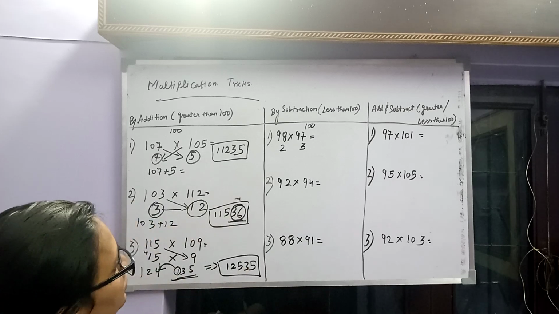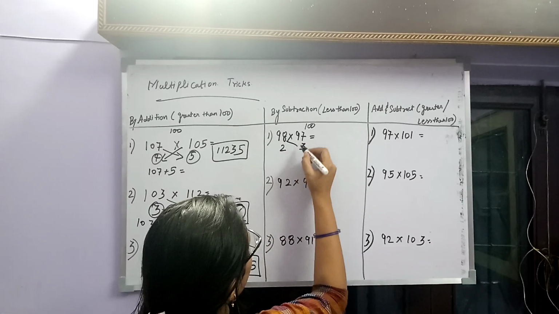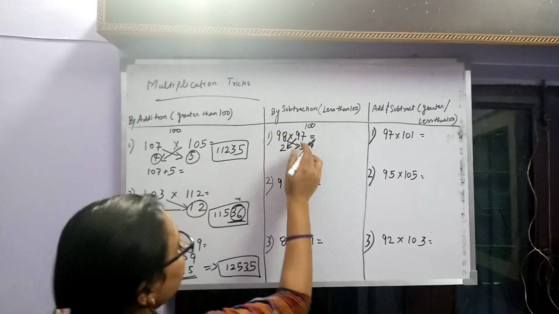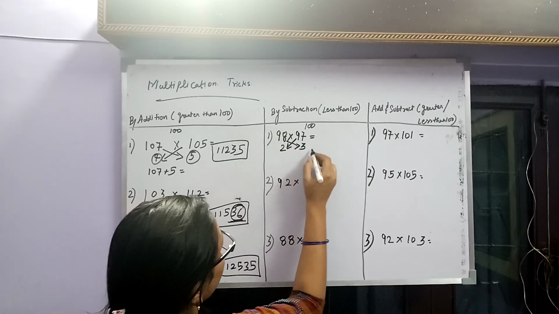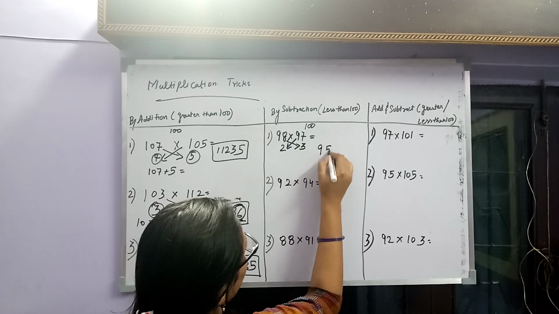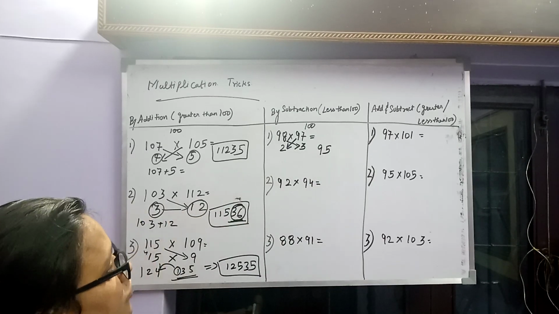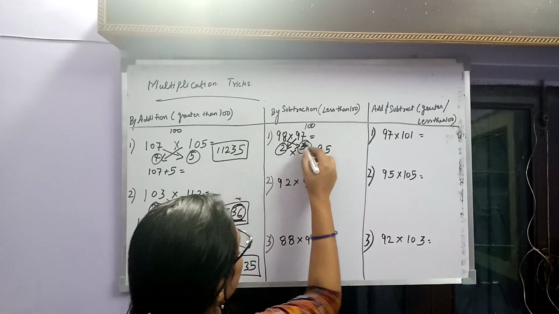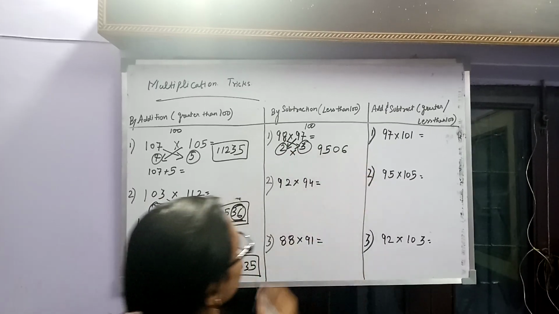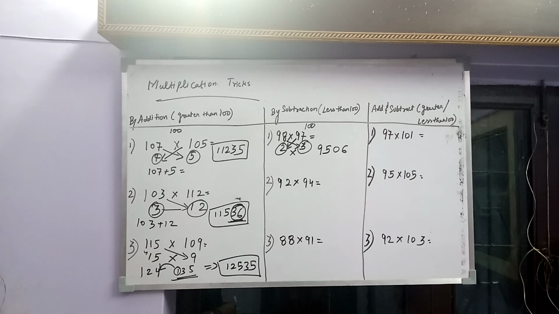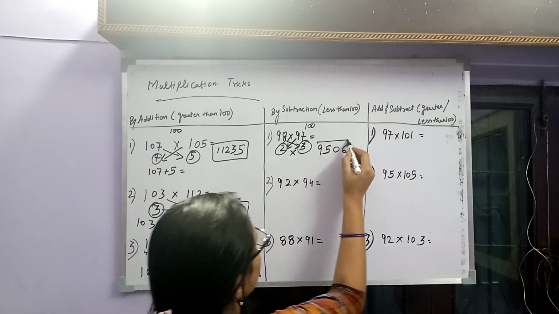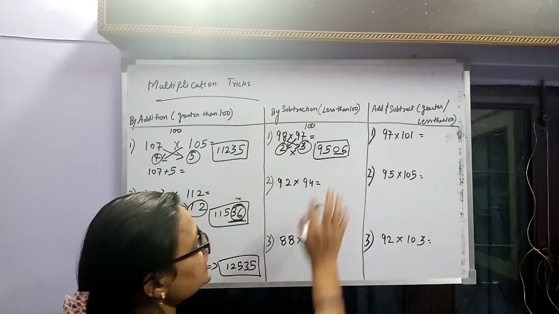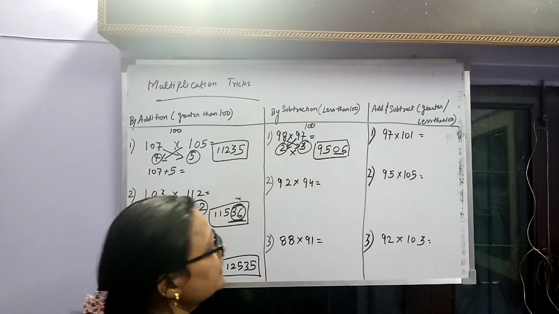Now you subtract either this from here or this. I am taking this one: 98 minus 3, we get 95. Then we multiply these two numbers, 2 and 3, and we get 6. So our answer is 9506. At this place we should have 2 digits, so that is why we have added 0 in the middle.